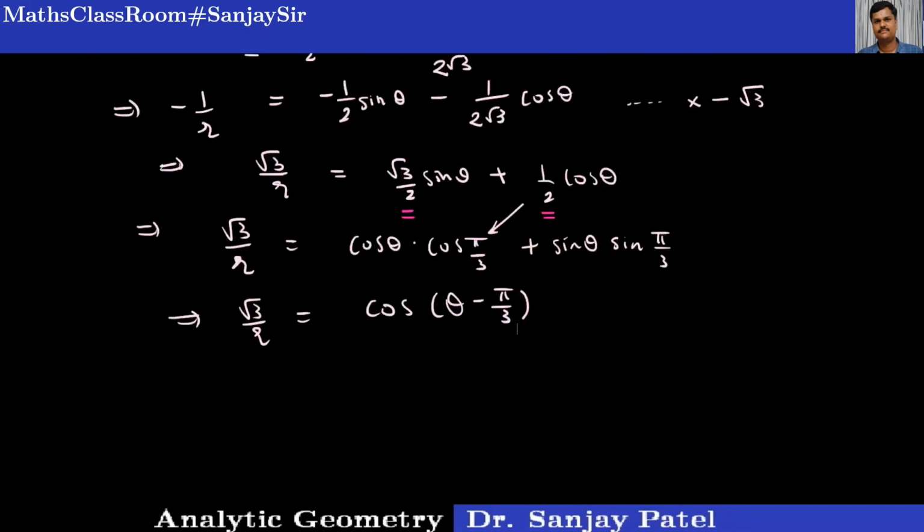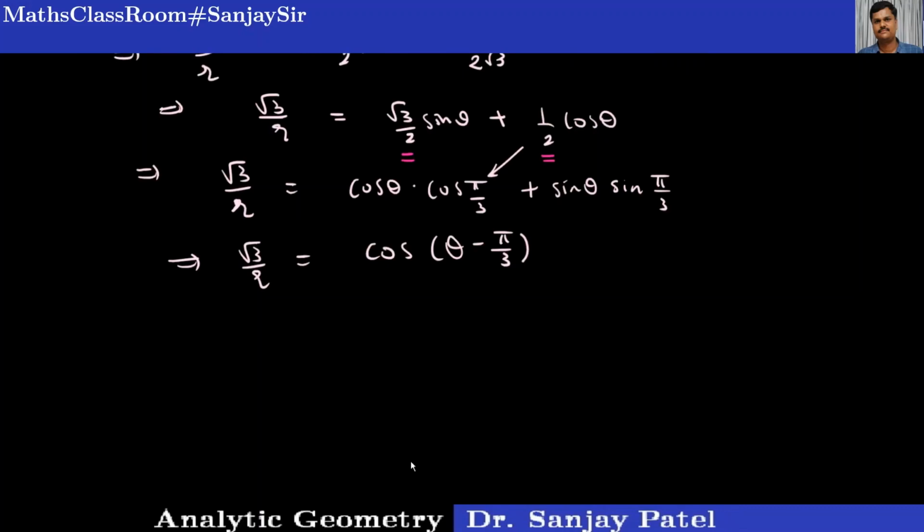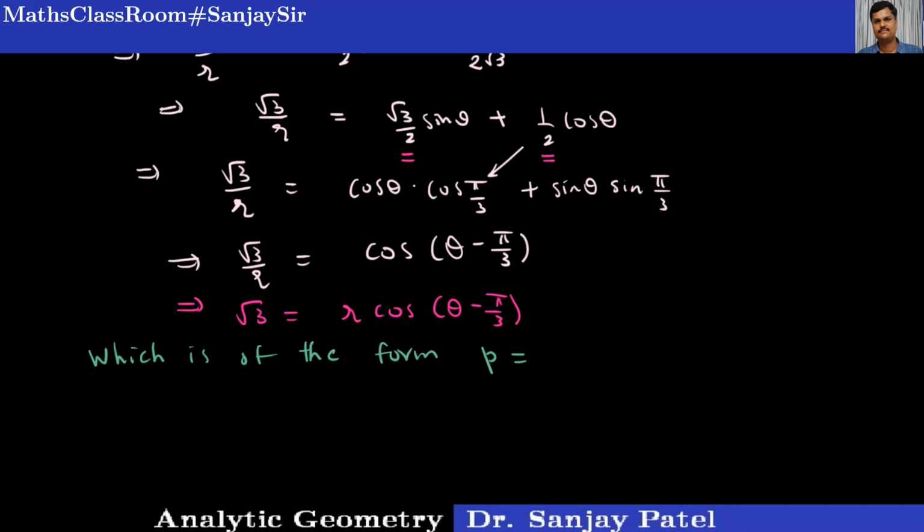Okay. Now taking this r on the other side, we will get root 3 is equal to r into cos of theta minus pi by 3. Okay. So this equation is of the form p is equal to r cos theta minus alpha.